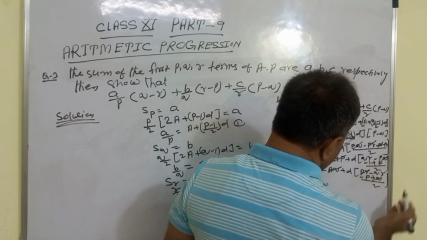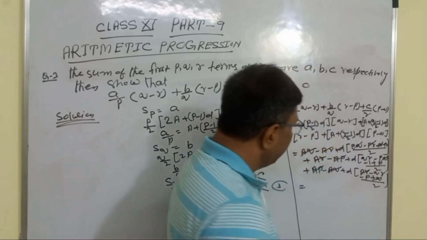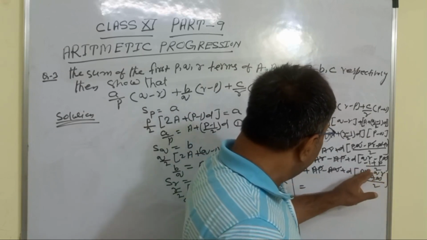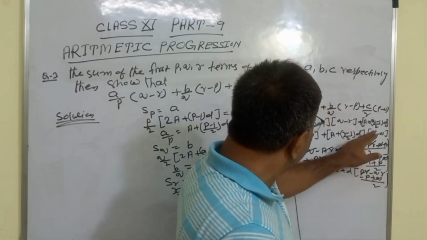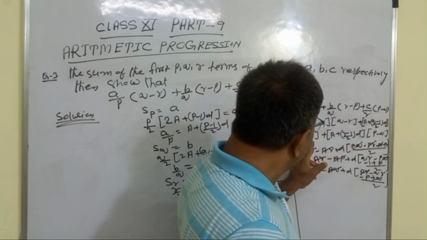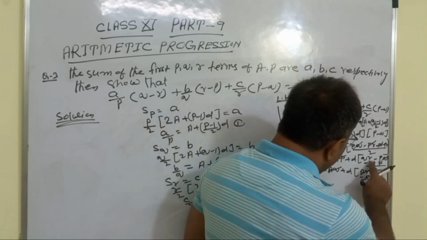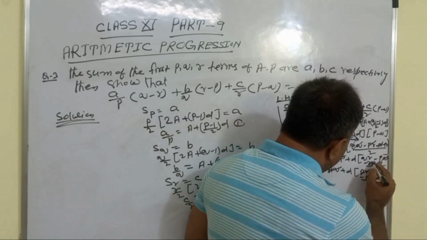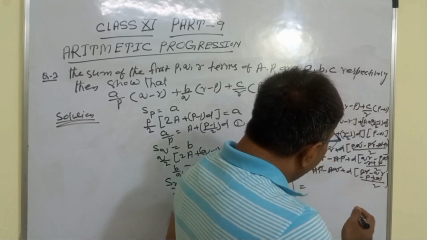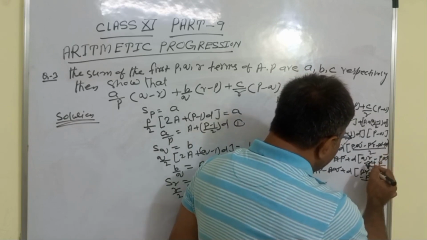Here plus R and here you see this is minus Q plus R. And here we are getting what? Minus 1. So here in this second one, we are multiplying this QR minus P and minus R plus P. So this is what? Minus R. So this minus R and this plus R will be cancelled out.